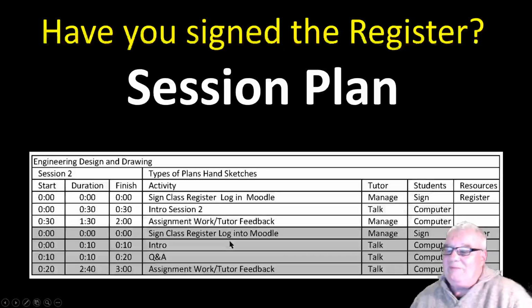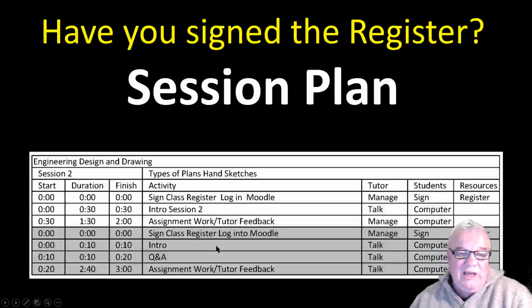Now the plan for the session. Obviously, each week we have one 2-hour session, which is the white area here, and a 3-hour session here. This is the plan: first of all, you should come to class, sign the register and log into Moodle, and then the intro to Session 2, which is this video here.